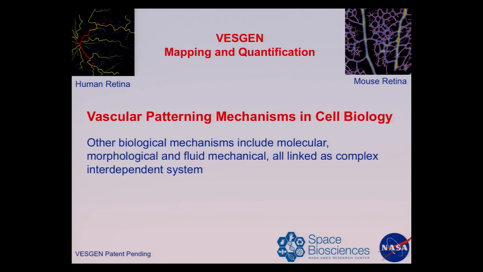For those of us working in biology, an interesting phenomenon in the field is that you talk about molecular mechanism, morphological mechanisms, blood flow, even cell biology mechanisms. And these are all perspectives on a very complex interdependent system that is a living organism.